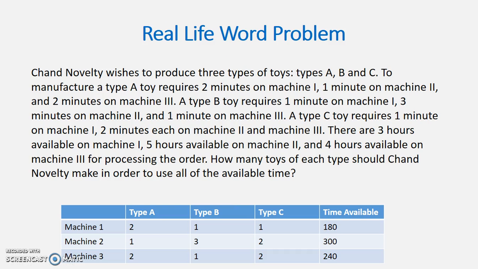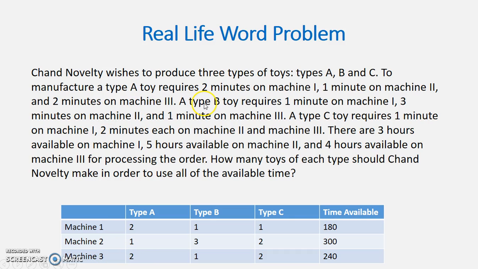Now, I'll take a real world problem. See, Chand Novelty wishes to produce 3 types of toys, type A, B and C. This I have written in tabular form for your better understanding. Now, to manufacture a type A toy requires 2 minutes in machine 1, 1 minute in machine 2 and 2 minutes in machine 3.